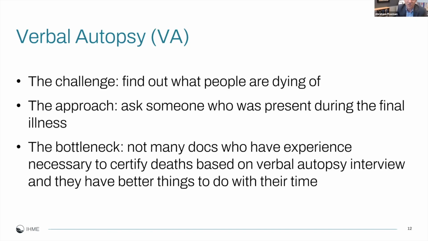And the bottleneck to this approach, why it has not become the thing done everywhere across the world, is that there are not that many doctors available to take the results of the verbal autopsy interview and use their experience with the kinds of symptoms and the kinds of diseases in the place where the interview was conducted to determine the underlying cause of death.